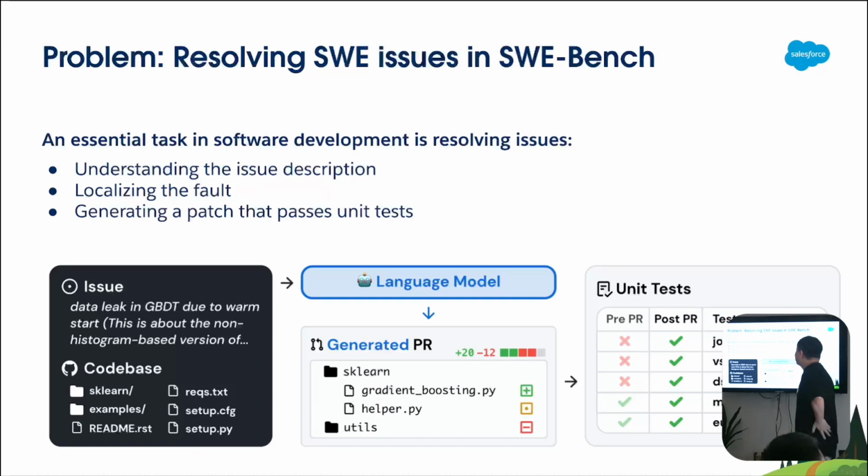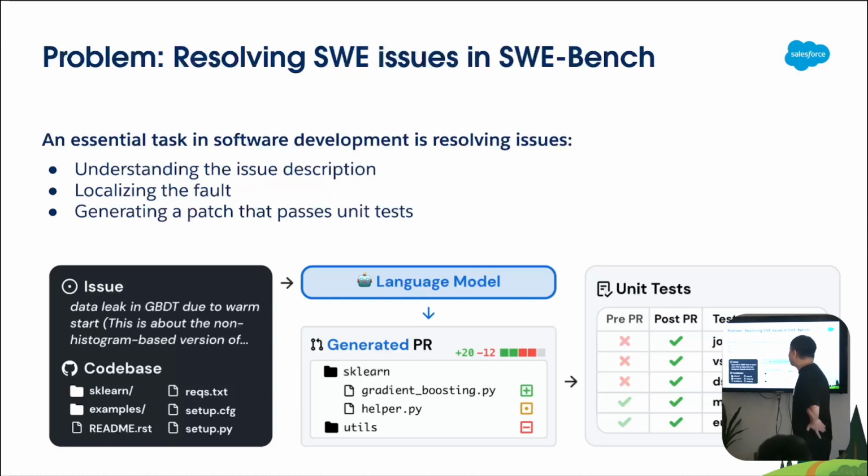Okay. But what is this benchmark about, what are the tasks to be solved, and how can multi-agents help? So the input is usually a GitHub issue, right? The task is to fix a bug or add a new feature to a very large GitHub repo like sklearn.